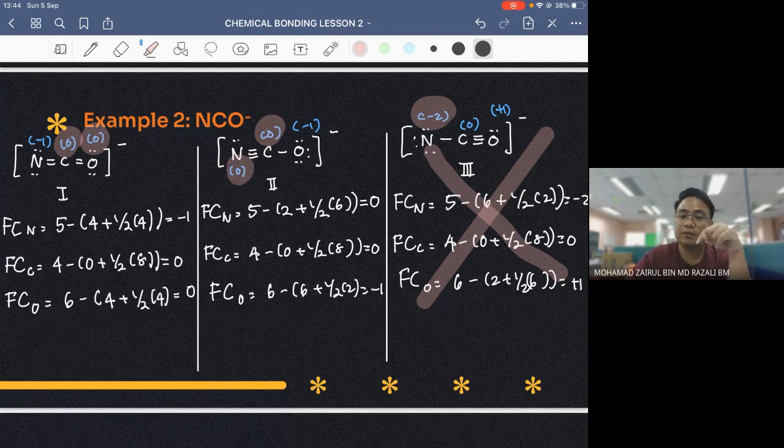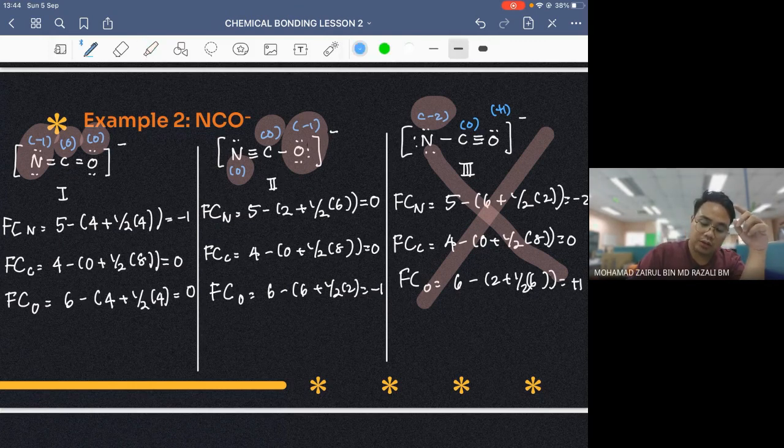The negative formal charge for structure 1 is located on the nitrogen. The negative formal charge in structure 2 is located on the oxygen. So to know which is more stable, we need to look at the location of the negative formal charge. If the negative formal charge is located on the more electronegative atom, that means it is the most stable. Nitrogen and oxygen are both in the same period 2.